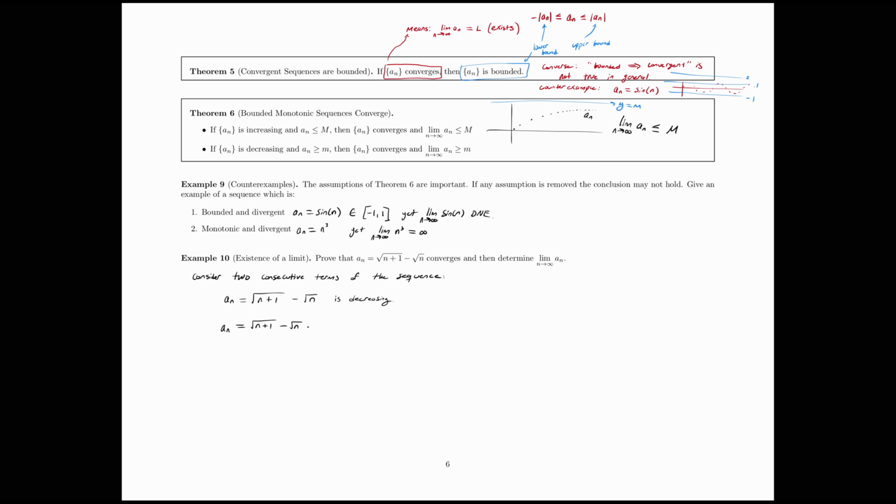I could multiply this expression by a fraction, which is the conjugate of that first expression over itself. So the bottom just stays this square root of n plus 1 plus square root of n, but I'll FOIL the numerator and get n plus 1 minus n. The n's will cancel, and we'll have this.